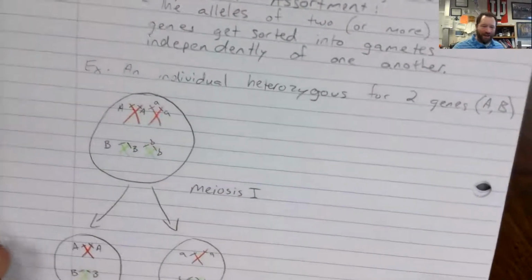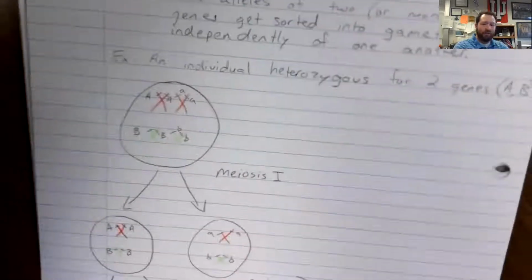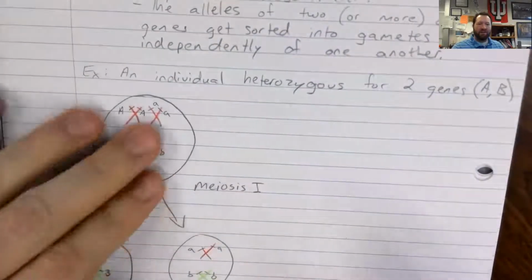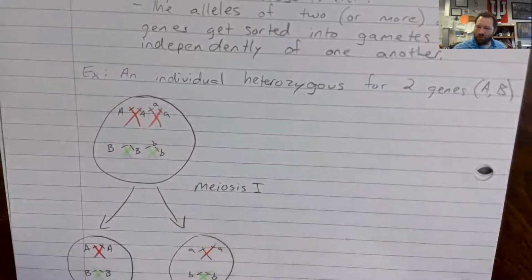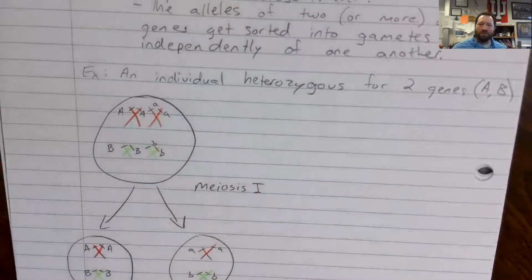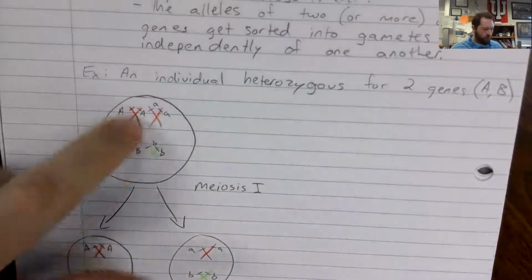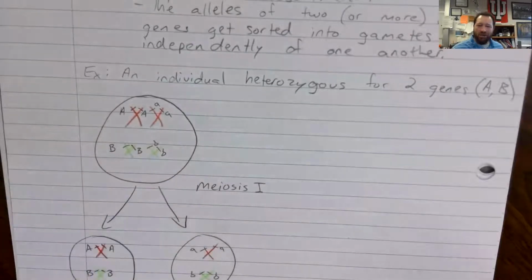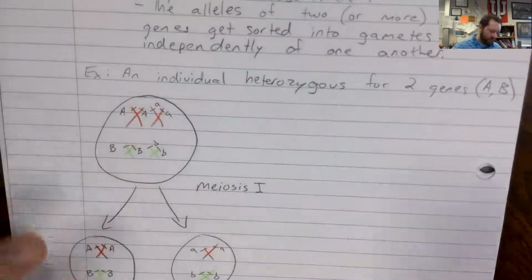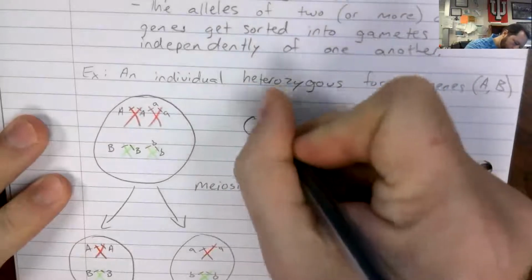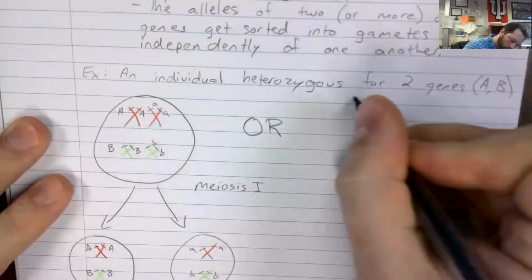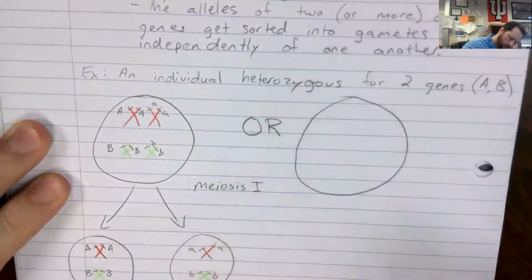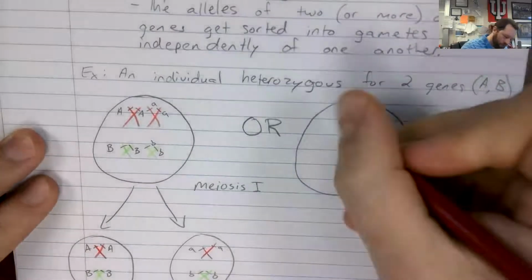Sure, nothing against that, but it's also very, very possible that here in meiosis 1, and this would generally be taking place during metaphase of meiosis 1, when the tetrads line up on the metaphase plate, we could also get this combination.